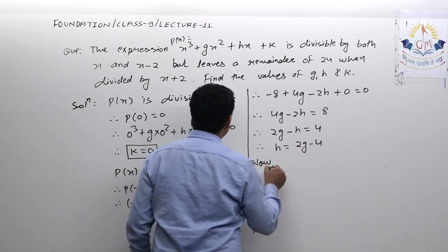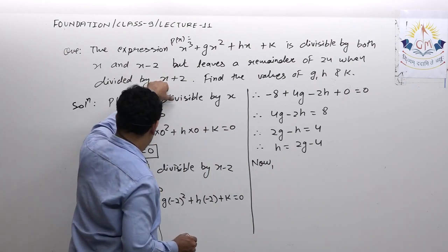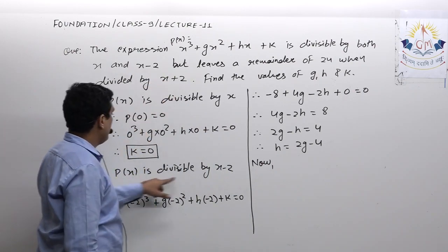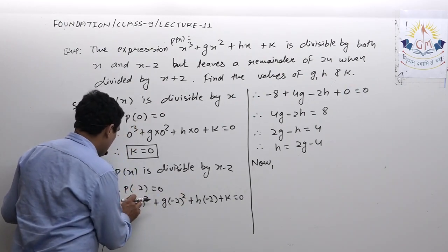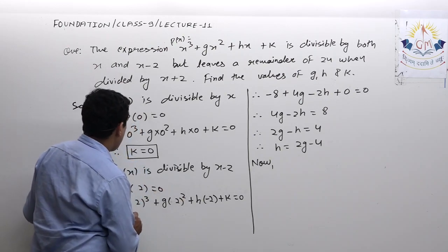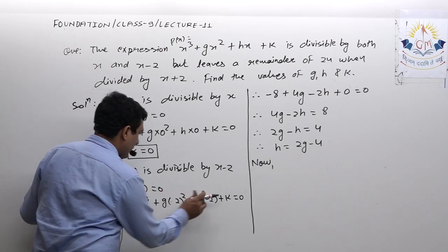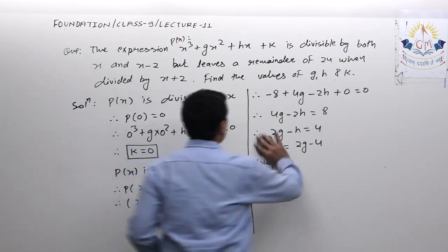Now further it is given p(x) is divisible by x minus 2. Actually here it should be plus 2, not minus 2, so let me solve it further.